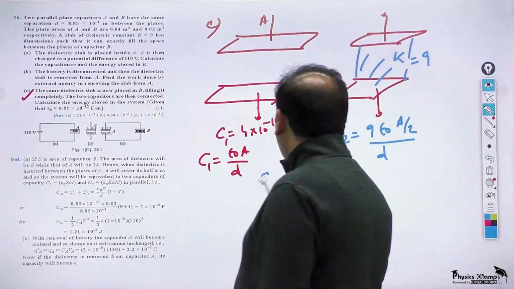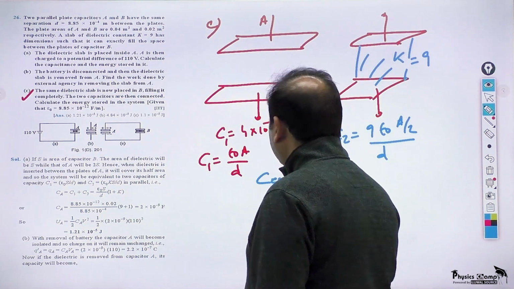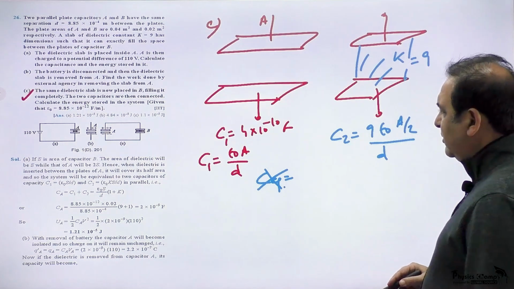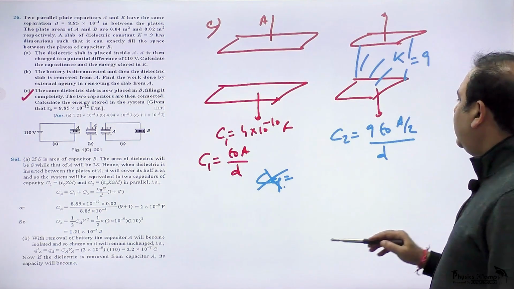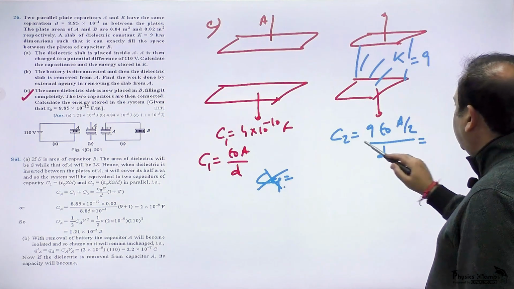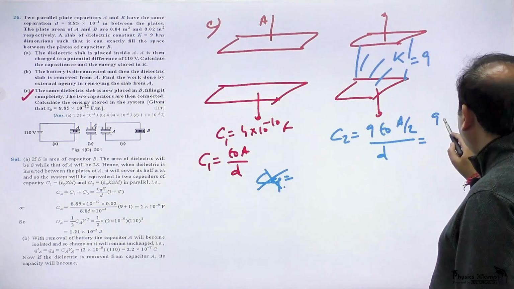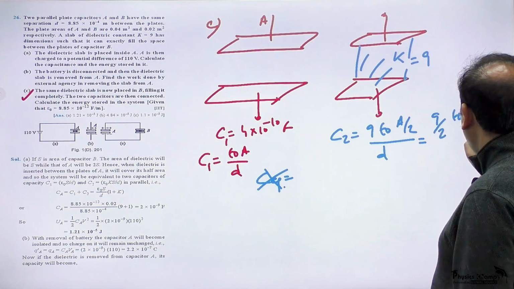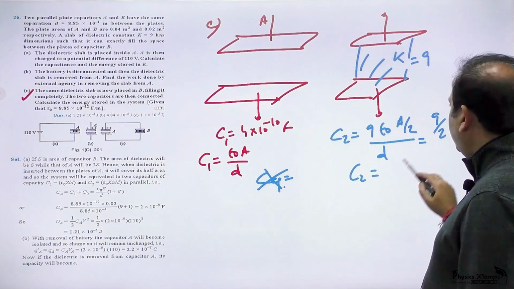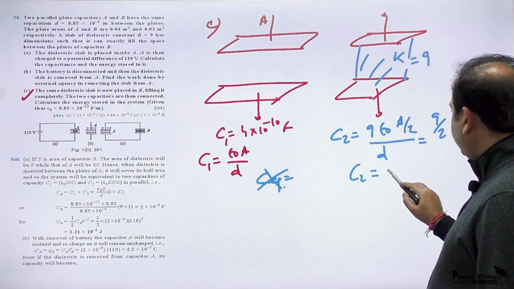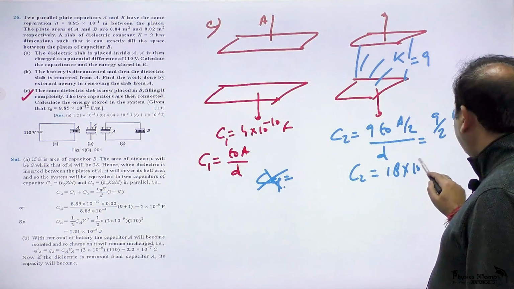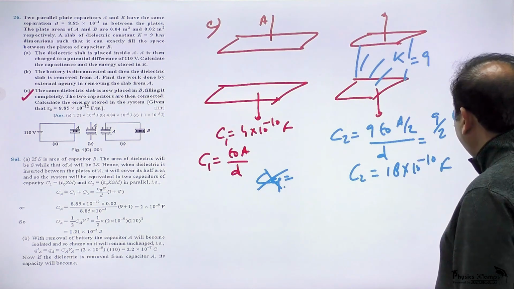So we will have the equivalent capacitance here. If I just compare the two capacitances, this is 4 into 10 to the power minus 10. So I can find from here C2 as 9 by 2 epsilon naught A by D, or C2 will become 4.5 into 4, 18 into 10 to the power minus 10 farad.